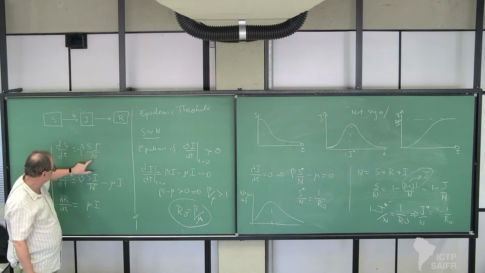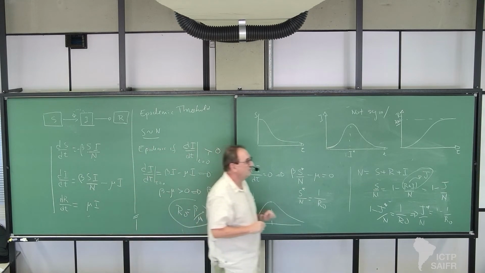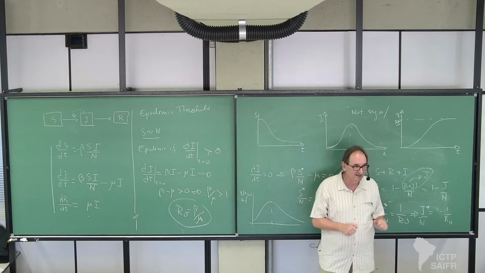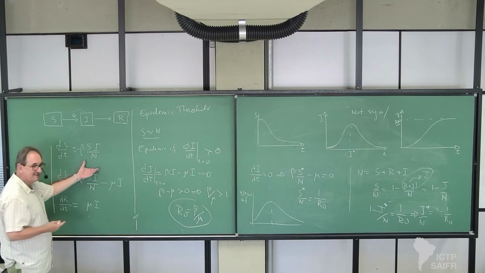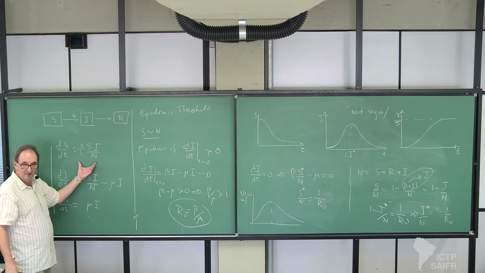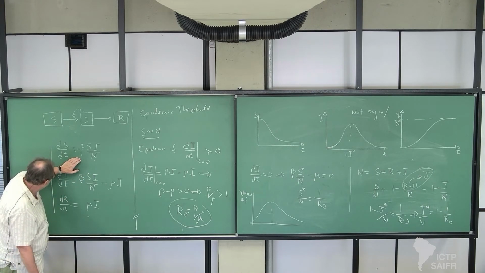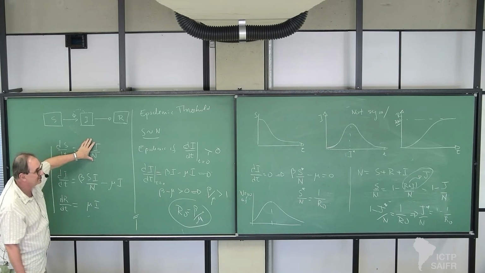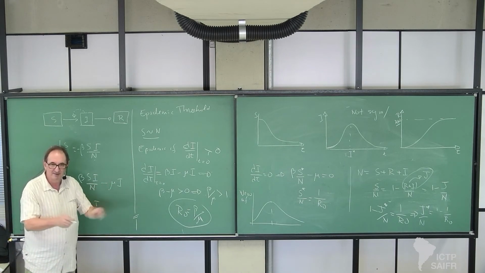S times I times N. Okay? So you do the calculation. In order to find the peak, you have to derive this again by t. So you take the time derivative of this, and then you substitute the equations, and then you can do a calculation, which I won't now because it's a little bit lengthy.